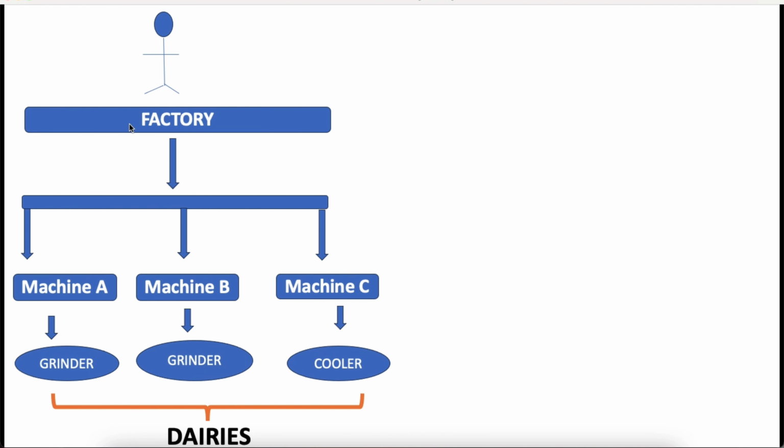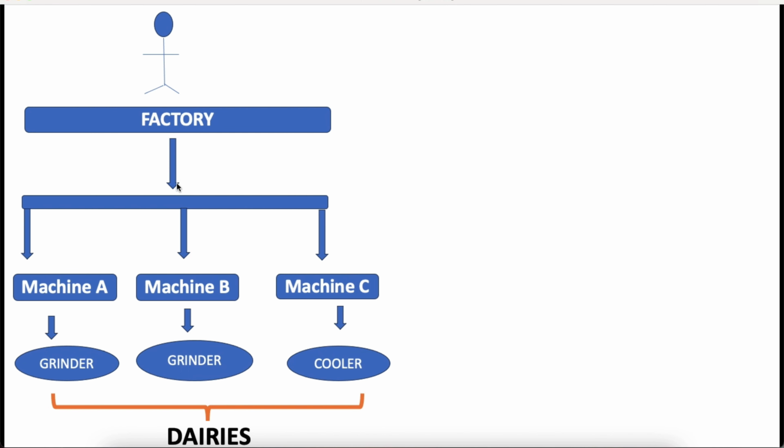And in the production of these dairies, he has this factory, and he has buildings. Of course, for every factory, you definitely have to have your buildings. And in the buildings, he has 3 machines. He has machine A, machine B, and machine C, all doing activities.